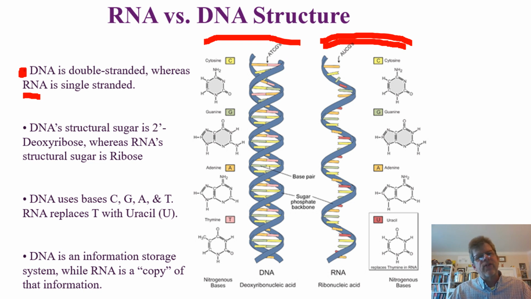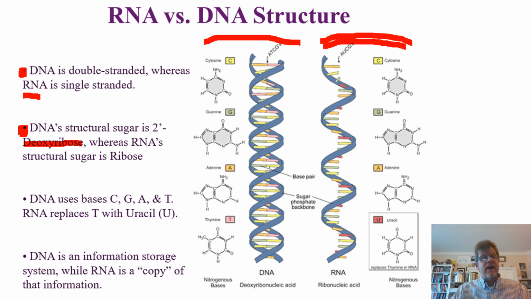Our next structural difference between RNA and DNA is with respect to the structural sugar, the monosaccharide that goes into building the two different types of genetic material. DNA's structural sugar is deoxyribose.